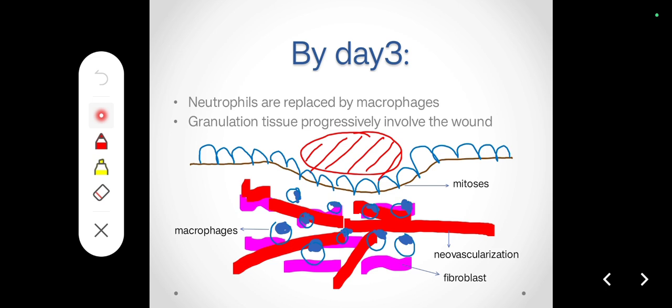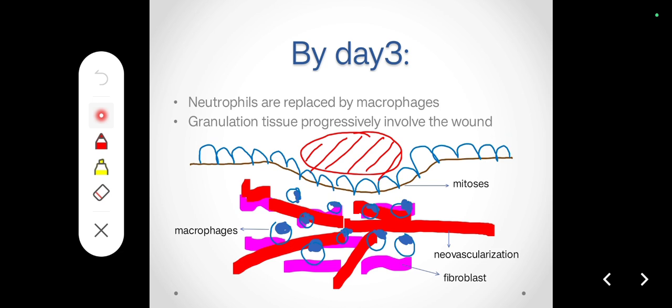By day 3, all the neutrophils are replaced by macrophages and granulation tissue formation occurs. Here is the blood clot. In the previous slide there was a breach in the continuity of the basal layer of the epidermis, but here mitosis occurs and this continuity is again restored.